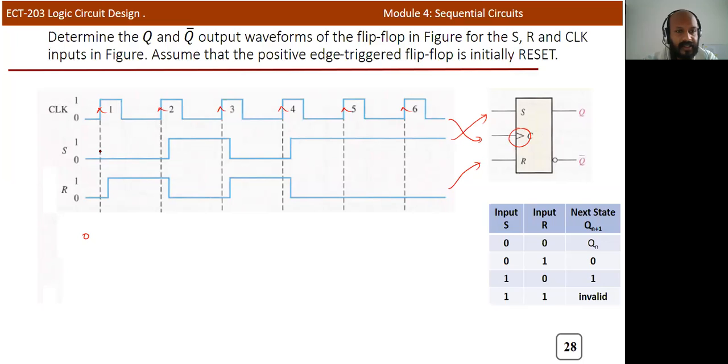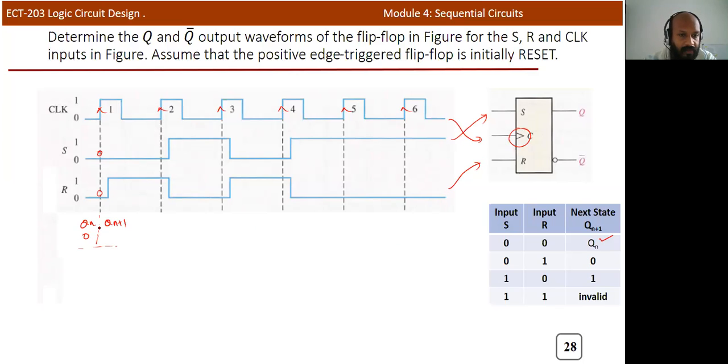Here you can see that the SR inputs are 0 0 at this particular point. If it is 0 0 at this point, we'll consider the output just before the clock as Qn. Now we need to find out Qn plus 1. At this clock rising edge, S input is 0, R input is 0. If the condition is 0 0, Qn plus 1 is equal to exactly Qn.